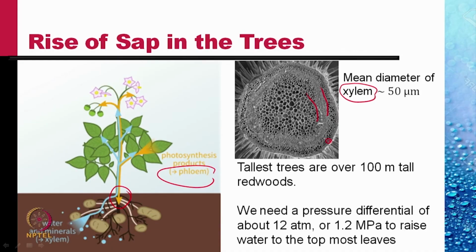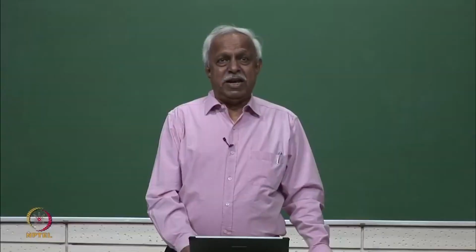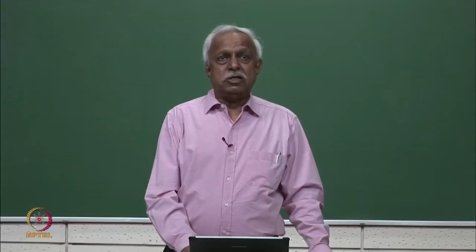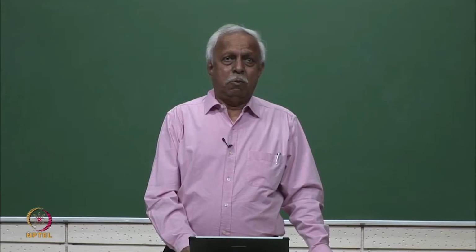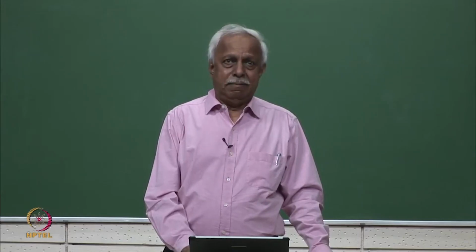So this is only a very small portion. It is a complicated phenomenon and we cannot explain it fully here, just to give an indication that capillarity is part of the answer.